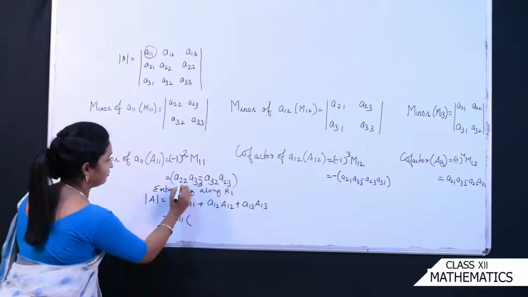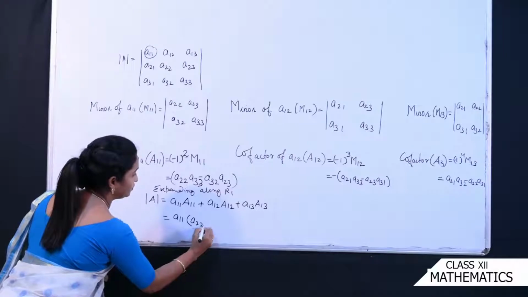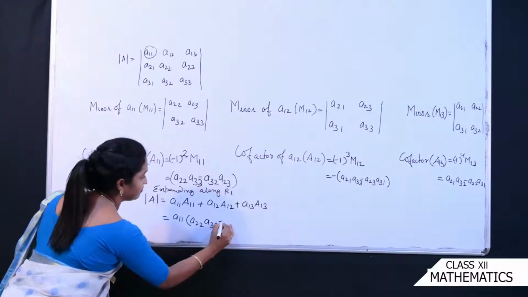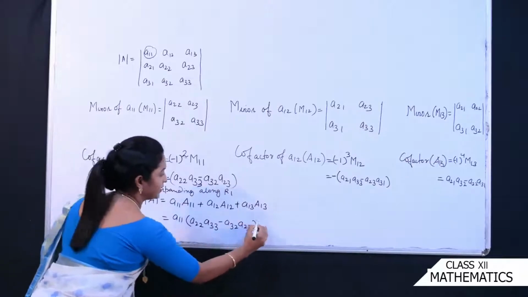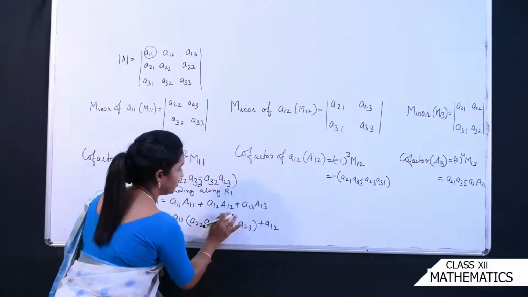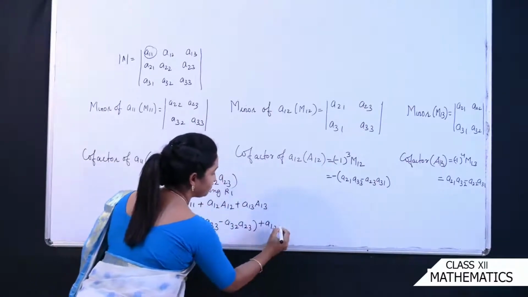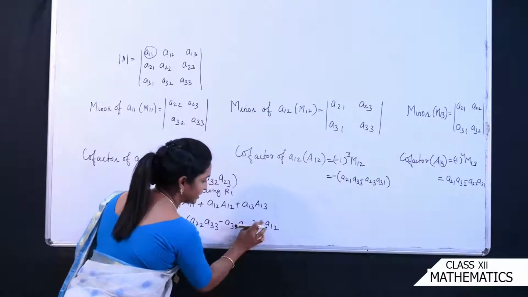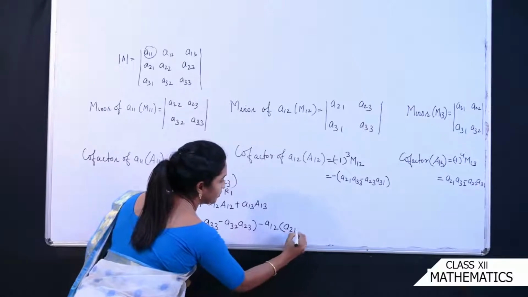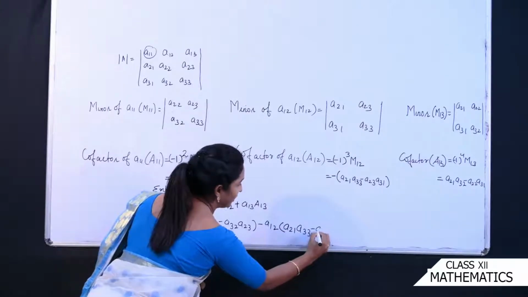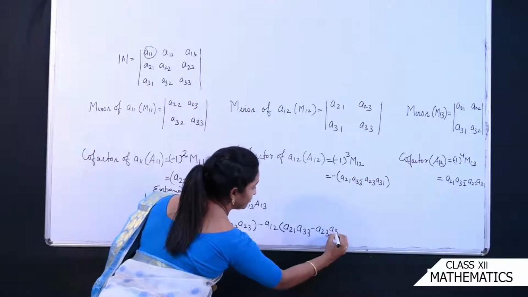Now what is the value? A11 is A22 A33 minus A32 A23. Okay, plus A12, क्योंकि ये माइनस साइन है तो ये प्लस क्या बन जाएगा? माइनस. ठीक है, उसके बाद में A21 A33 minus A23 A31.